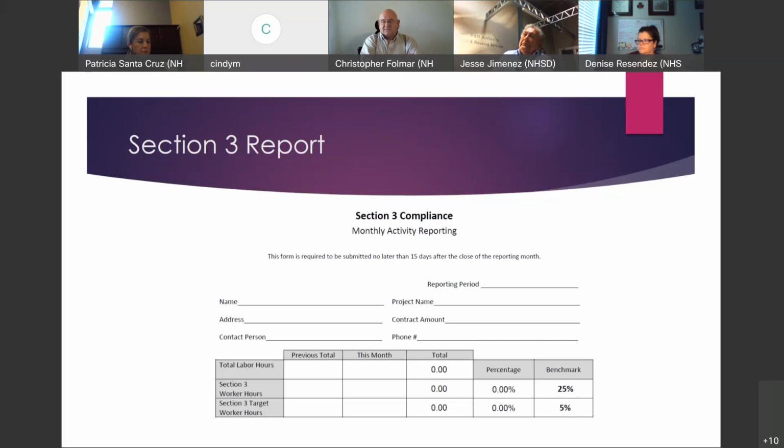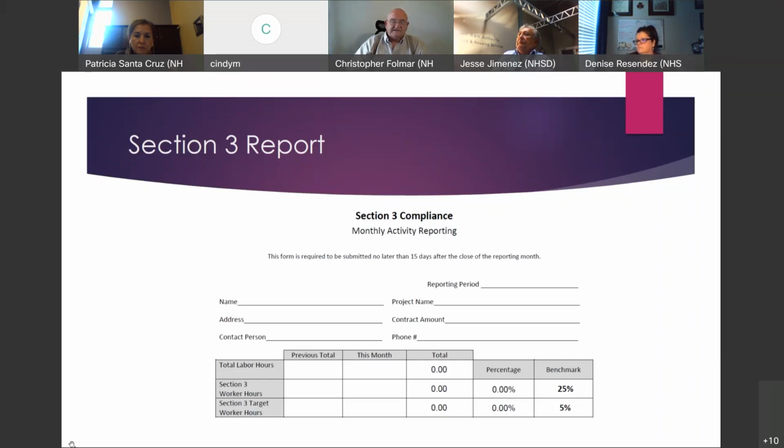One of them is labeled previous total and one of them is labeled this month. So the previous total will be your carried forward balance. So if this is week 6, then the previous total will be the total of weeks 1 through 5, and week 6 will go in under this month. And then the total column there will total up the number of hours, and then we'll get a percentage of how many are Section 3 and how many of them are targeted Section 3.